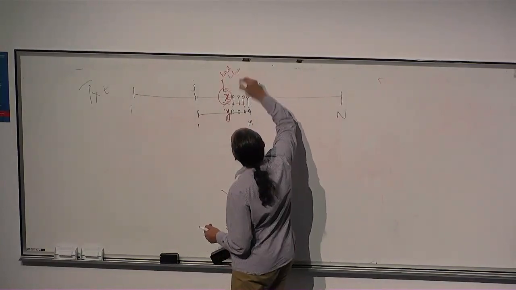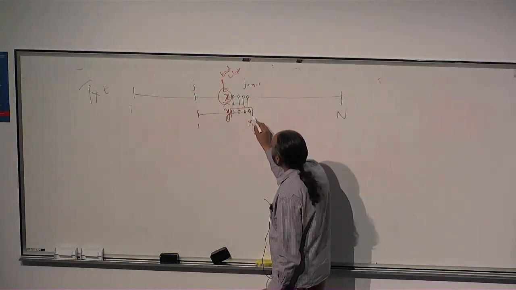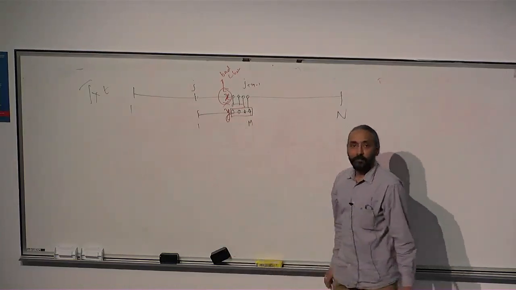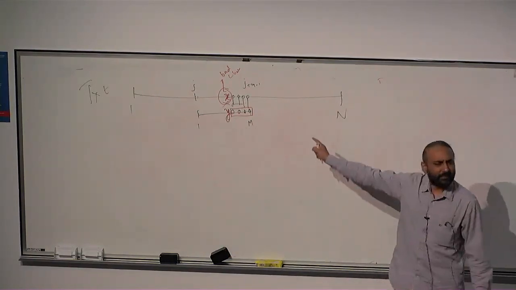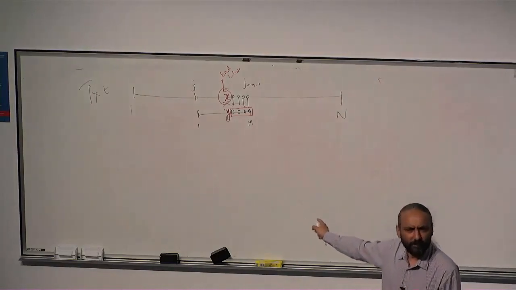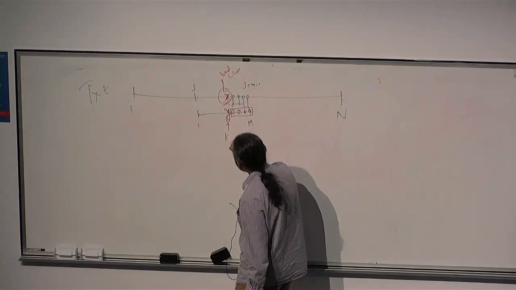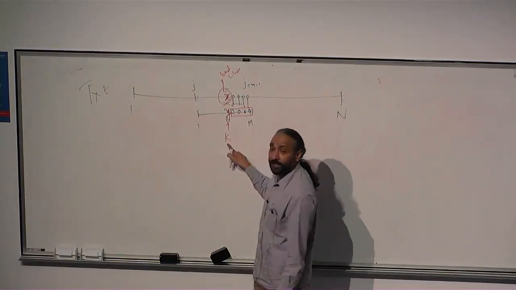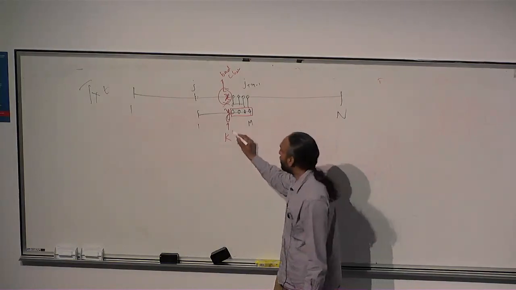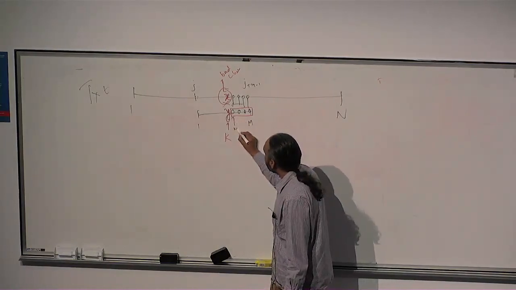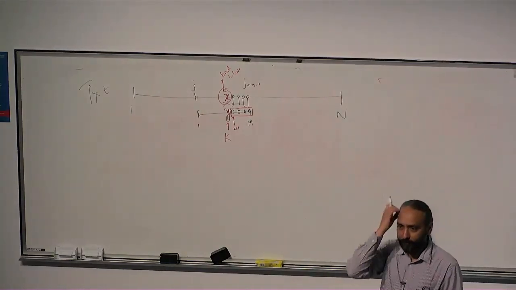Okay? And then what's a good suffix? Now, if you look at the characters that are to the right of the mismatch, is that a suffix of the pattern? So let's say that the position there was k. 1 to k is where the mismatch happened. m matched, m minus 1 matched, m minus 2 matched, until k plus 1. So k plus 1 to m, is that not a suffix of the pattern?